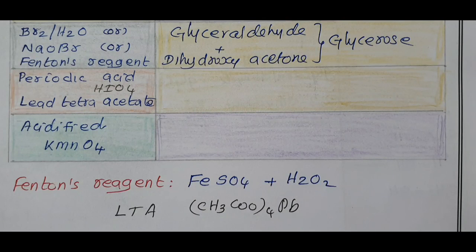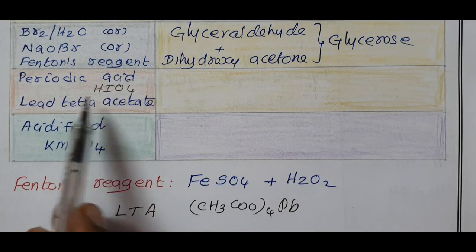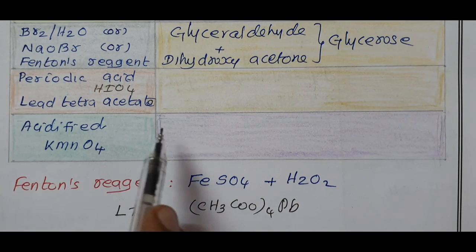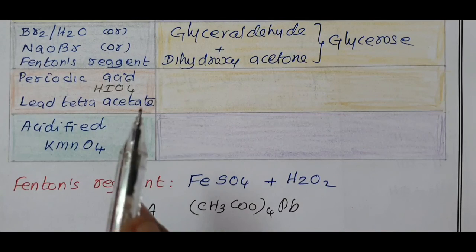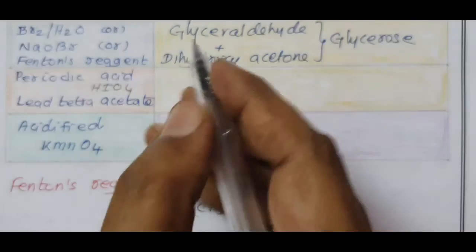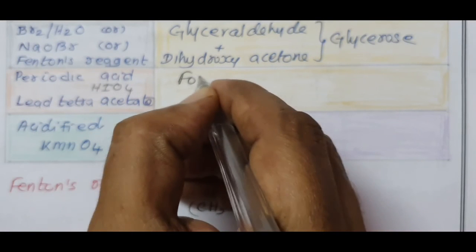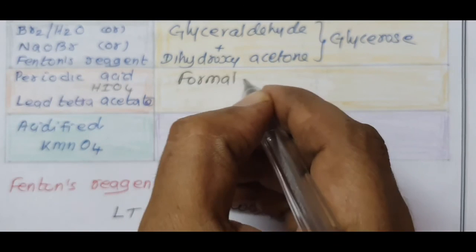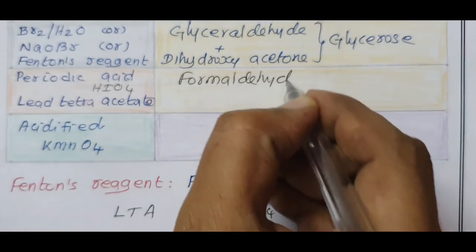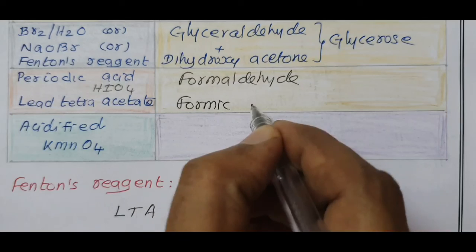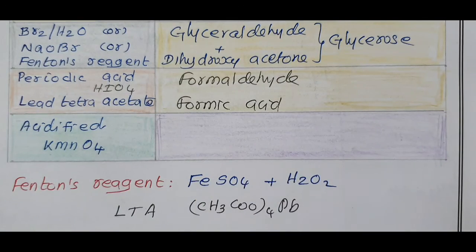You studied in glycol oxidation: glycol, when oxidized with periodic acid, gives formaldehyde. Like that, glycerol undergoes oxidation with periodic acid, carbon-carbon bond undergoes cleavage, gives formaldehyde, which on further oxidation gives formic acid, methanoic acid.